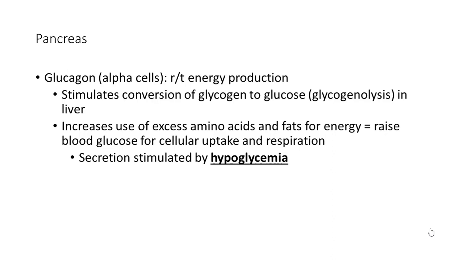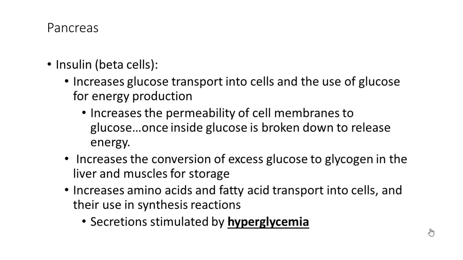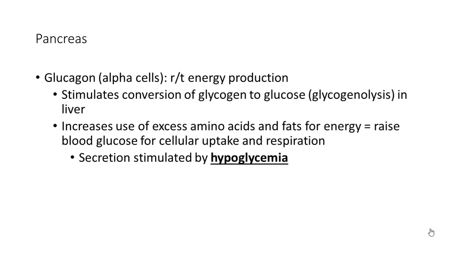All of this occurs when a body is hypoglycemic. When a body is hyperglycemic, the body's told to release the insulin. When the body is hypoglycemic, they're going to release the glucagon.